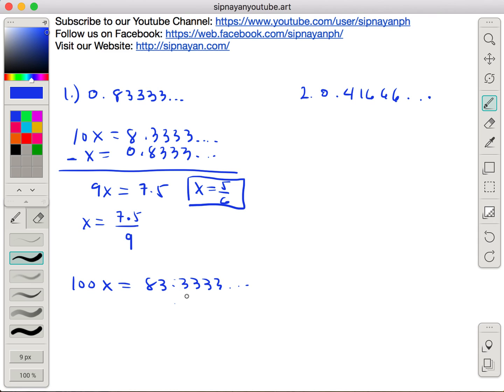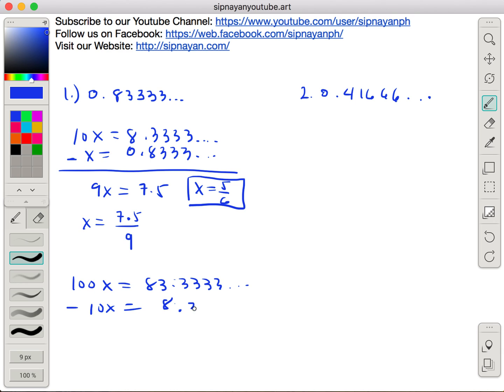Hindi na, kasi otherwise, meron pa rin akong decimal. So, gagawin ko yung 10x ang ma-minus ko. Kasi yung 10x, yung 8 nandito sa ones place, ibig sabihin, ang matitira sa decimal places ko, 4.3333 na lang.